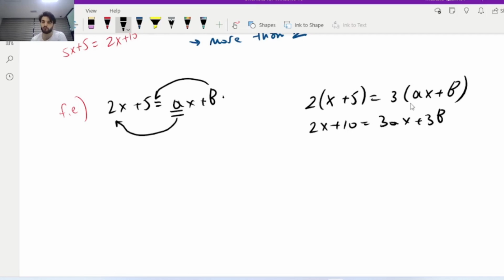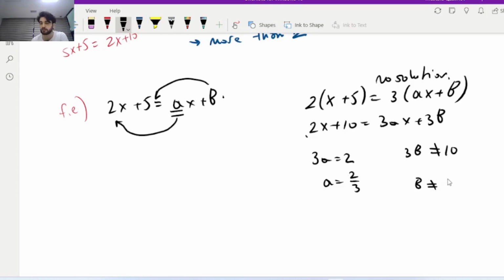We have to open both brackets on both sides. Then we have to write 2a is equal to 2, 3b is not equal to 10. Let's write here no solution. So a is equal to 2 over 3, and b is different from 10 over 3.